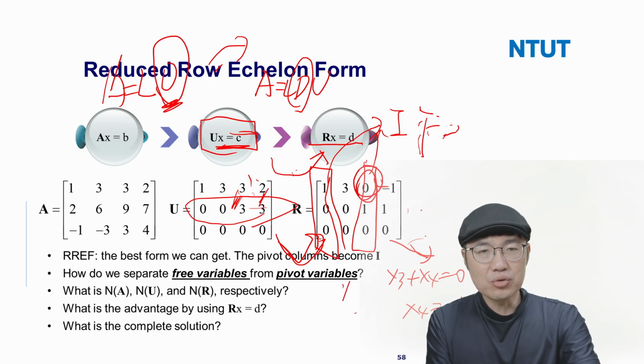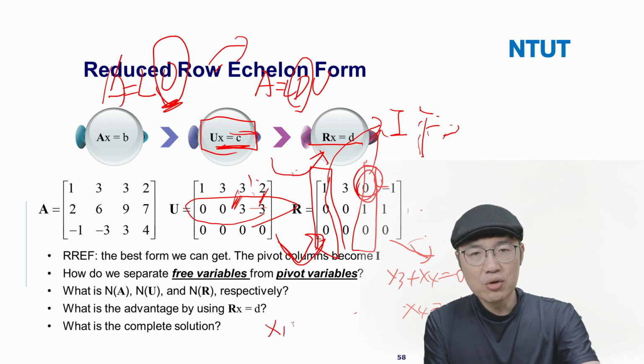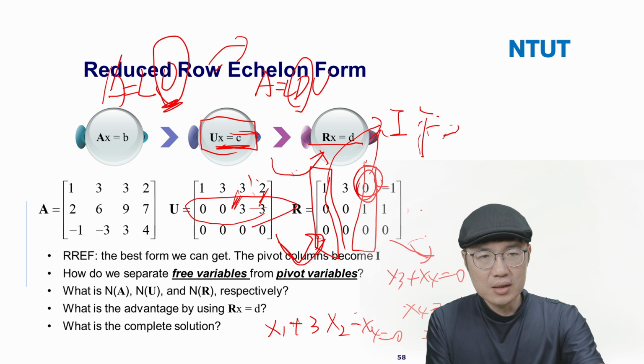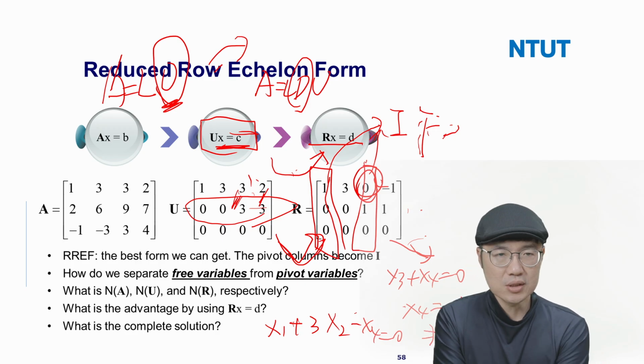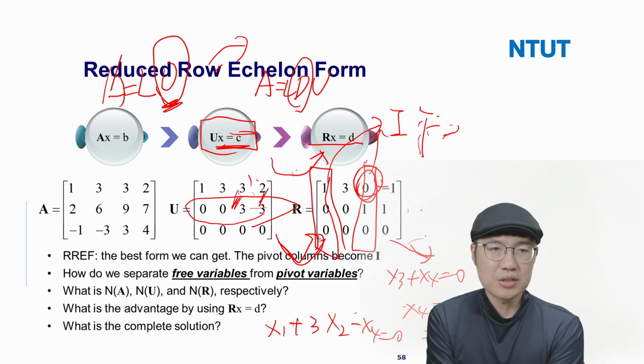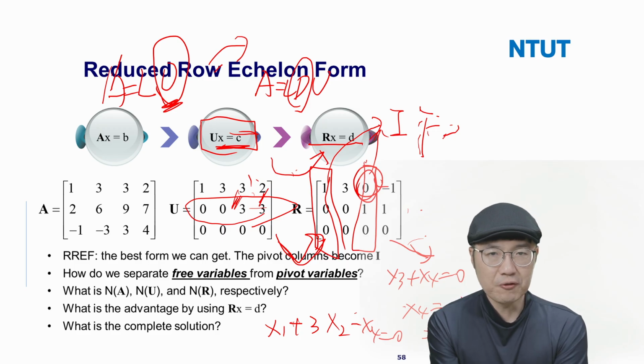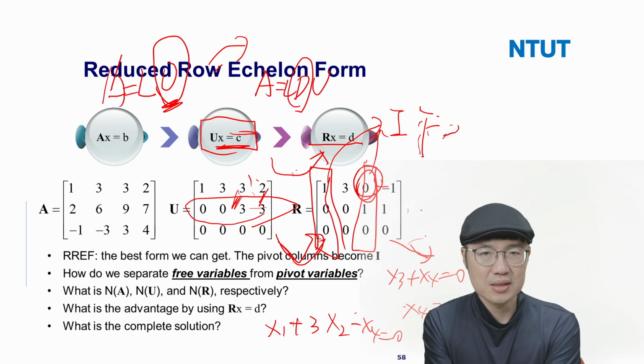And you don't have to substitute this into the first equation anymore, because the first equation, which is x1 plus 3x2 minus x4 equals 0, can be x1 equals minus 3x2 plus x4 directly. So no more substitution from the second equation, and we can get the full solution for null space in an easier way actually.